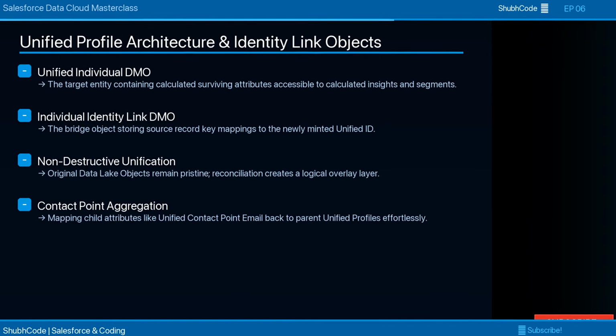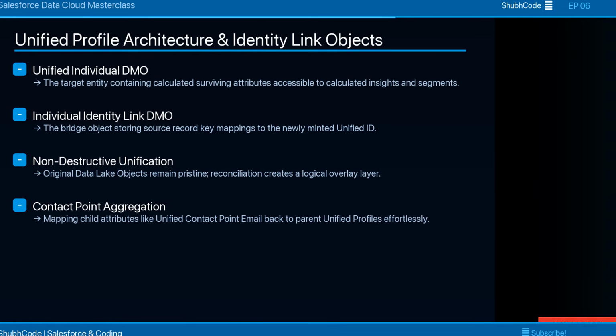To truly master Data Cloud, you must understand what happens behind the scenes in the data model during reconciliation execution. When identity resolution runs, Data Cloud creates 2 critical system entities: the unified individual object, which stores the surviving merged attributes, and the individual identity link object.